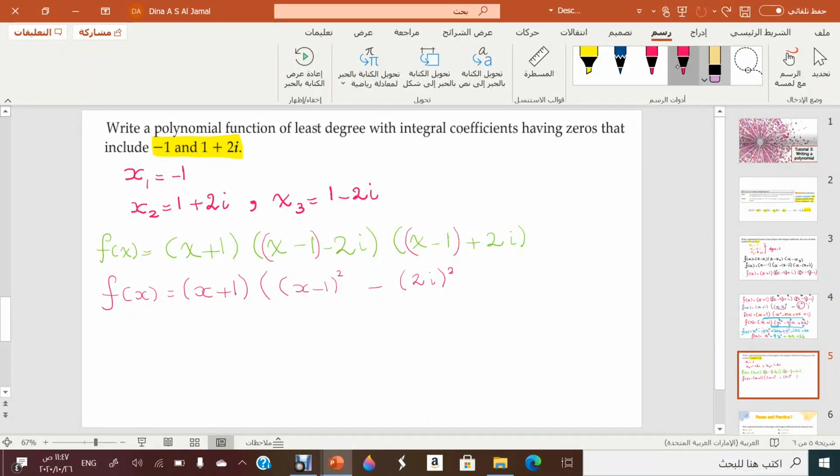Let me now simplify. So f of x, x plus 1, then x squared minus 2x plus 1. Then this expression will be plus 4.